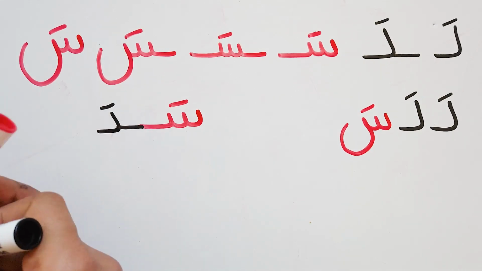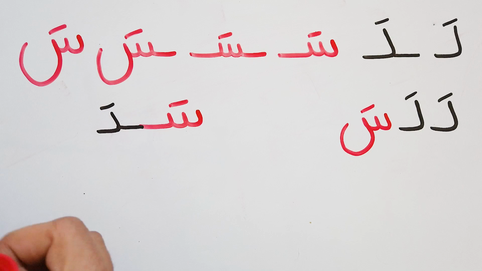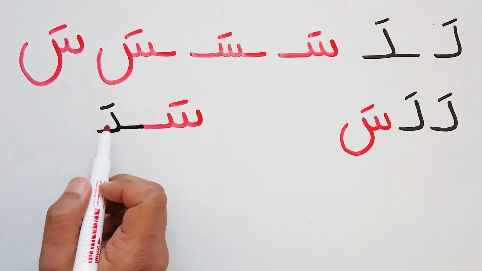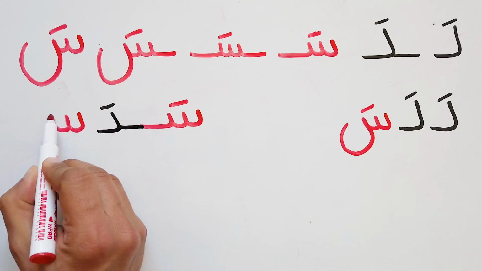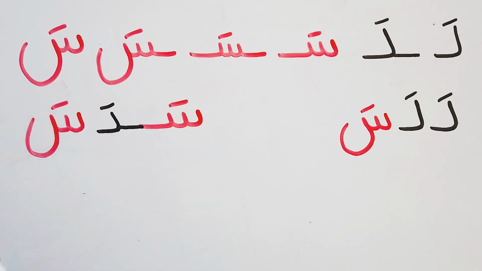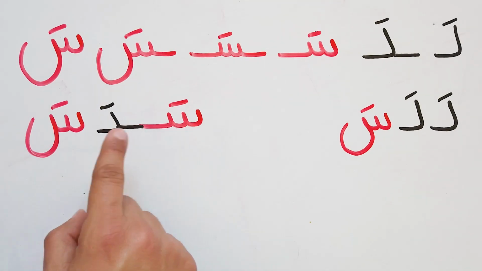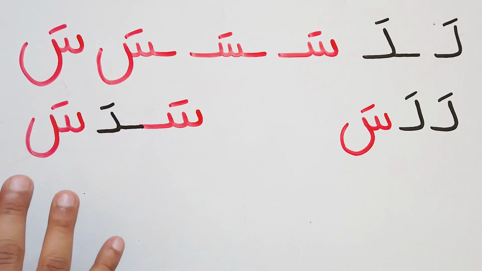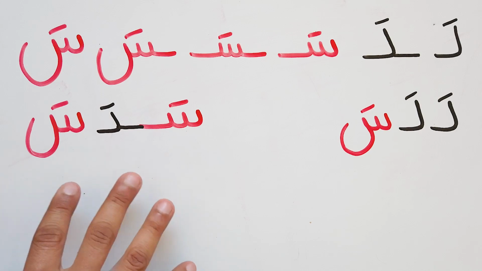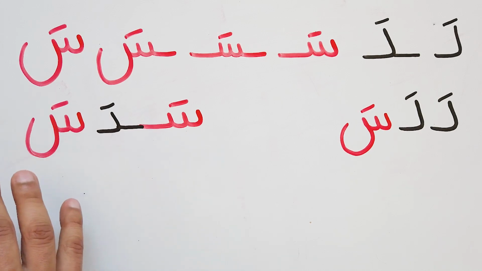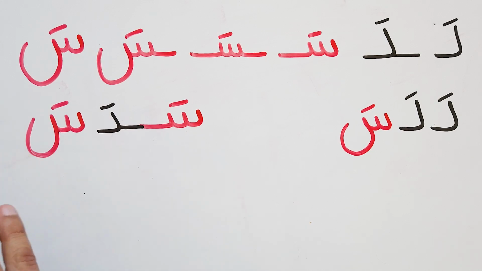Se. I will select this one because de is a refusal letter. Se, de, se. Don't worry, if you have any question in your mind, we will answer it when we finish this activity. The most important thing is I want you to observe a lot.